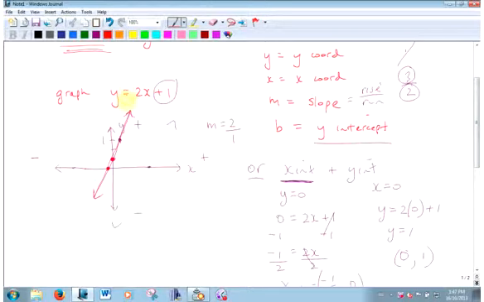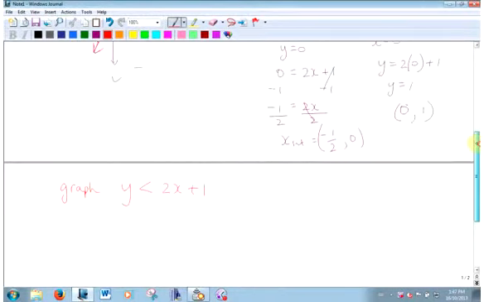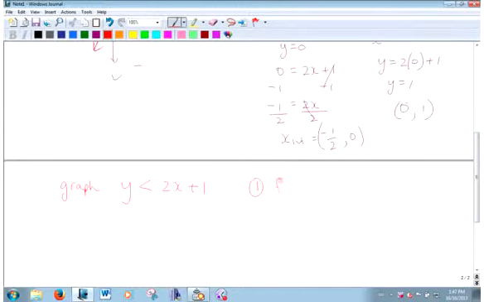This equal means anything on this line is a solution, okay? This is where y is 2x plus 1. Everything on the line is a solution. Now it's not, okay? So you would go through, and the first step is find what we say is the boundary line, okay?